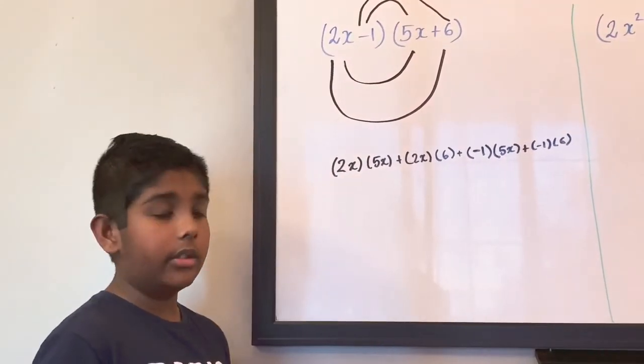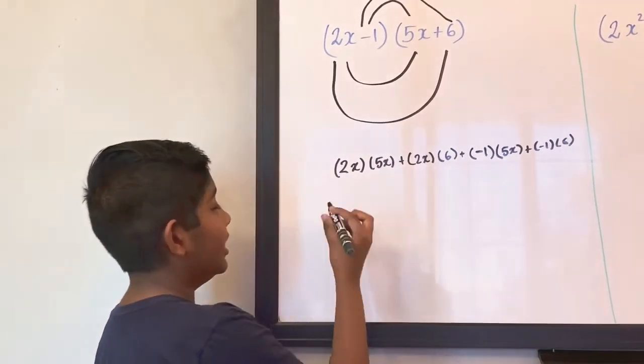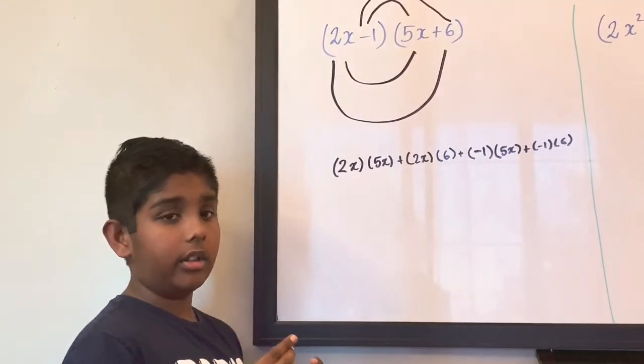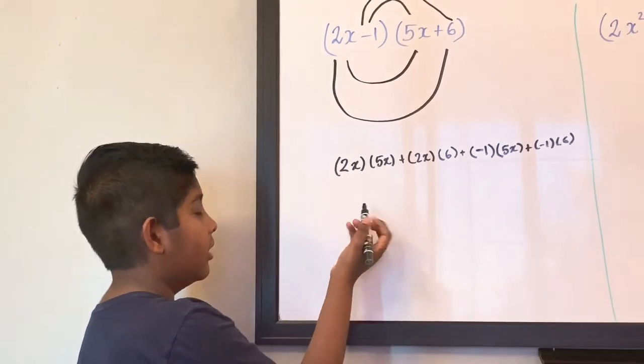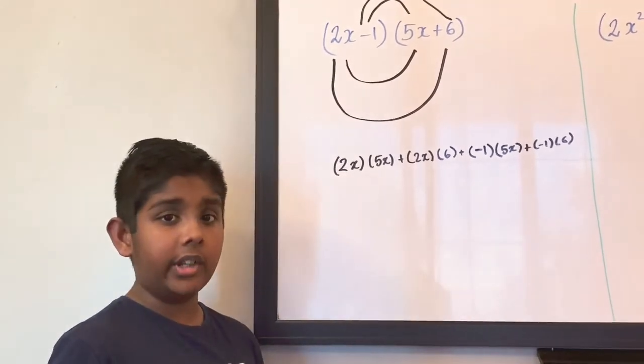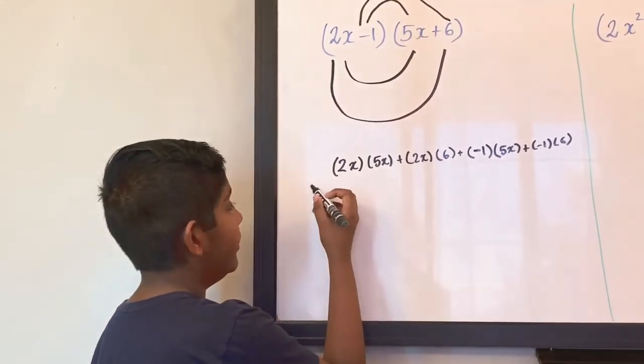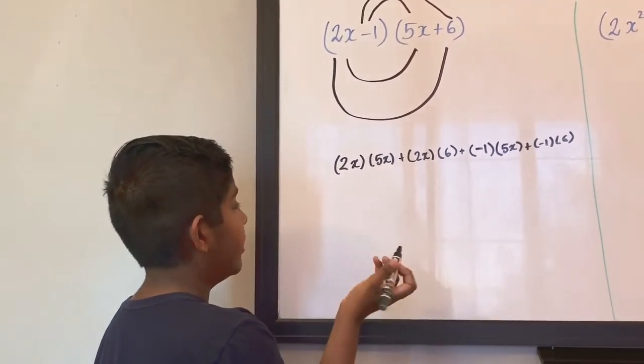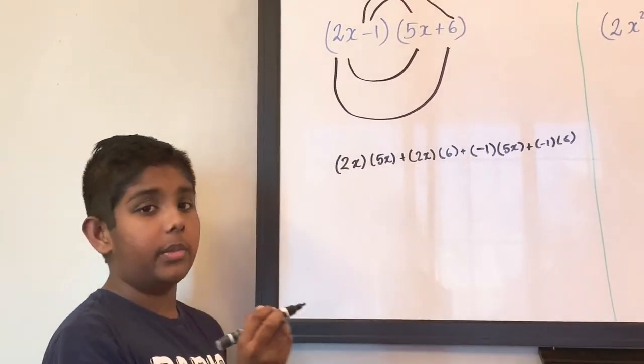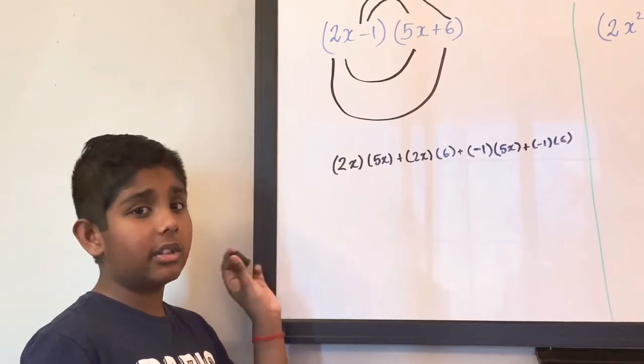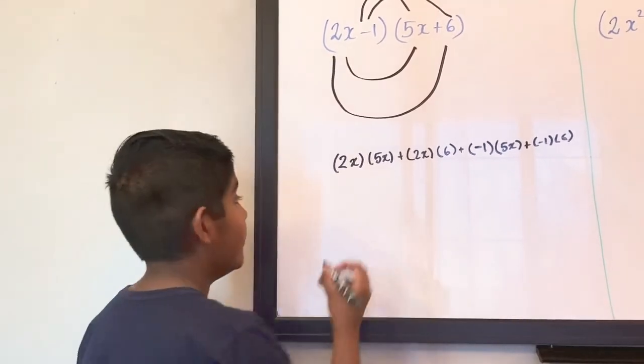In the previous video, I taught you how to multiply two terms together. So 2x times 5x. We multiply the numbers first. Positive 2 times 5 is positive 10, because we have two positive numbers. Let's write that.